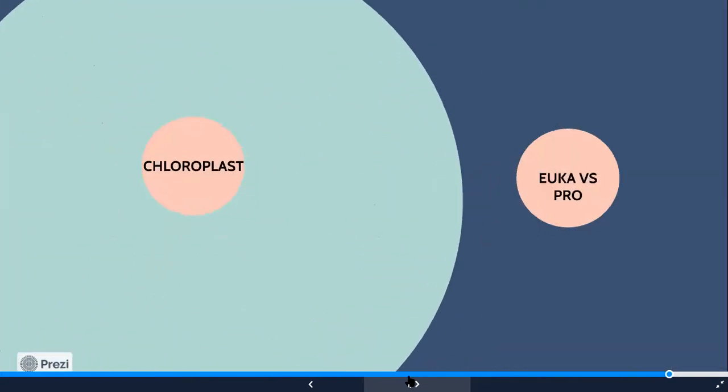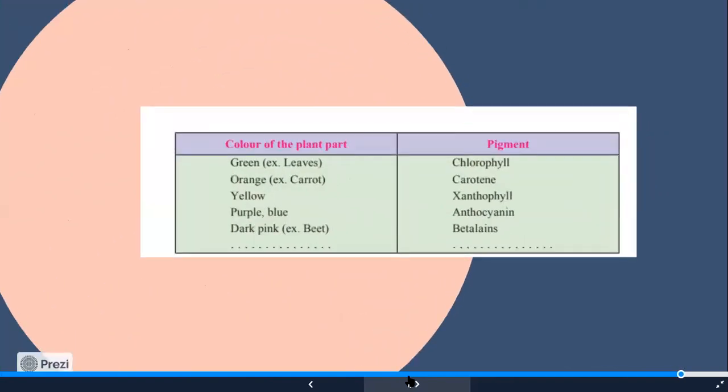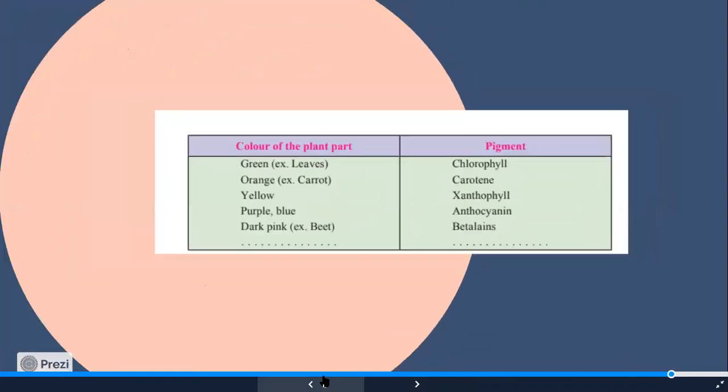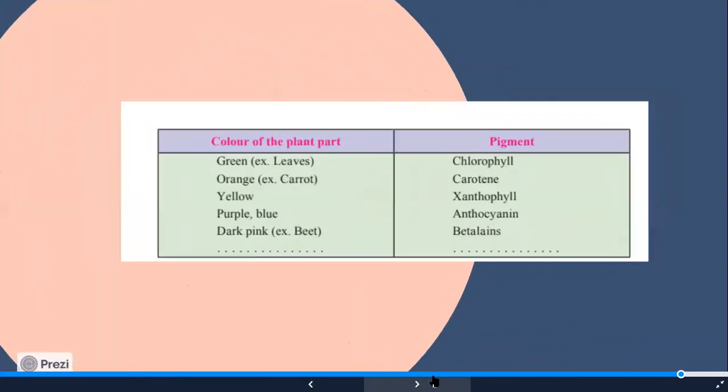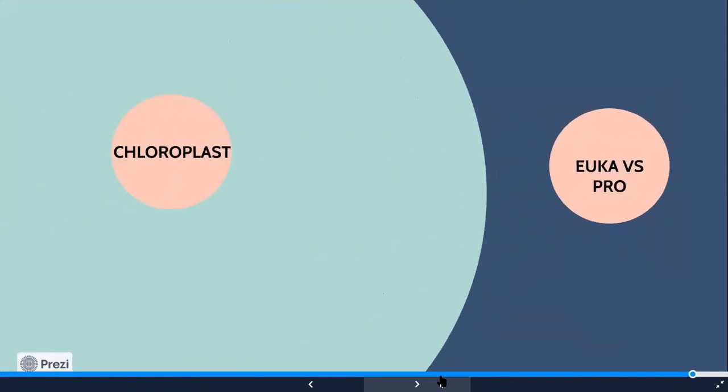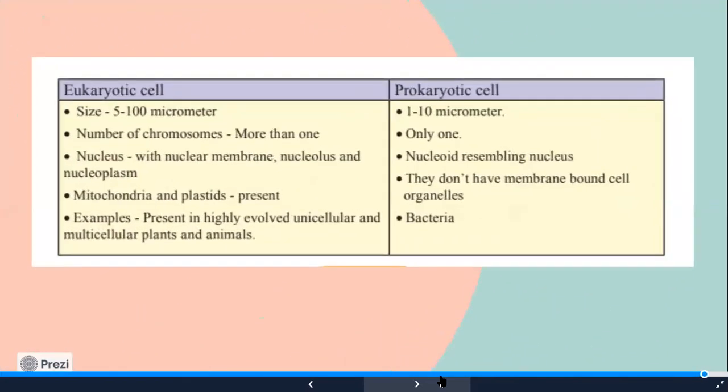Now, if we move ahead to the comparison, eukaryotic cell versus prokaryotic cell. Right. So when we go versus eukaryotic cell versus prokaryotic cell, we often find that eukaryotic cells have a size of 5 to 100 micrometers, whereas prokaryotic cell has 1 to 10 micrometers.